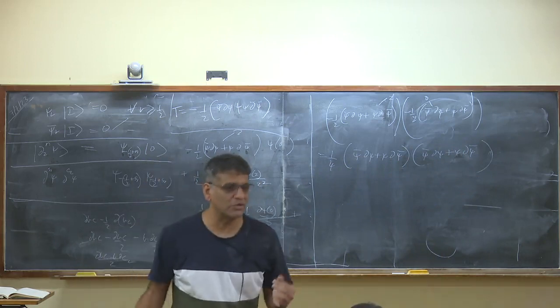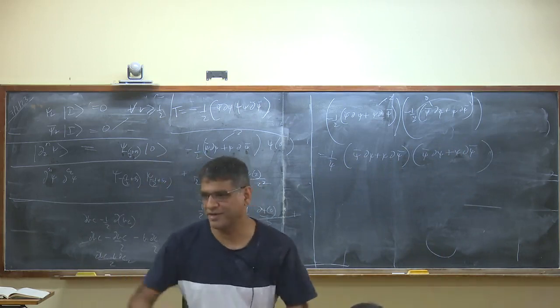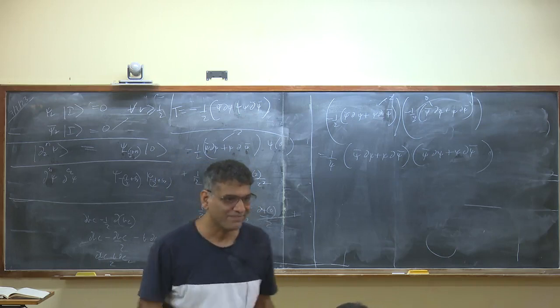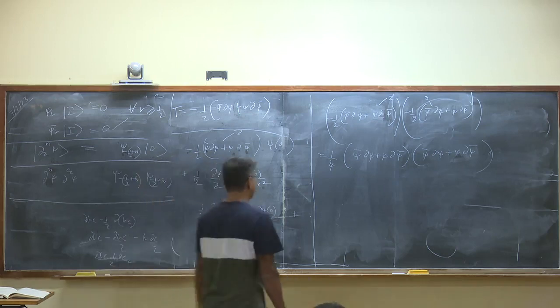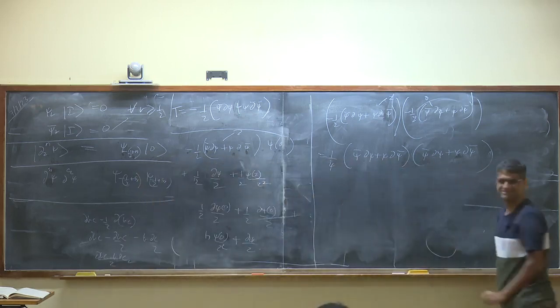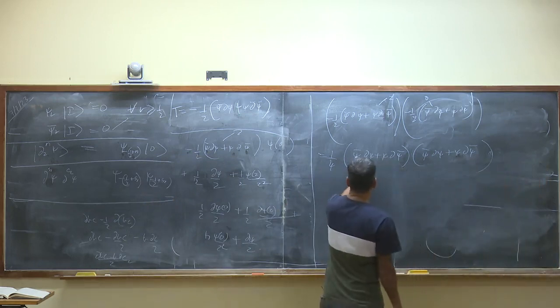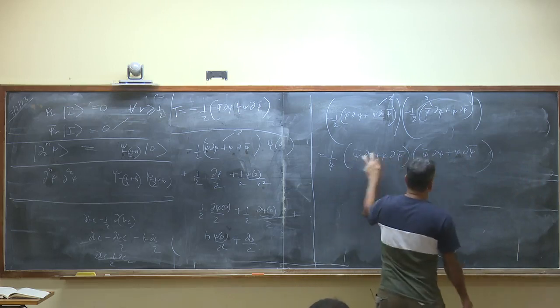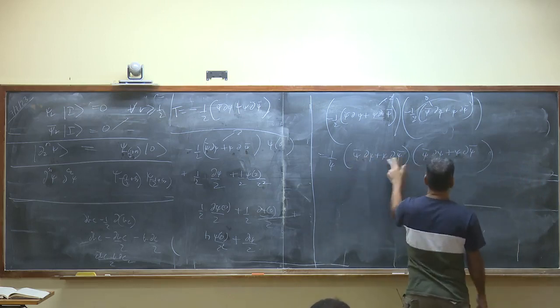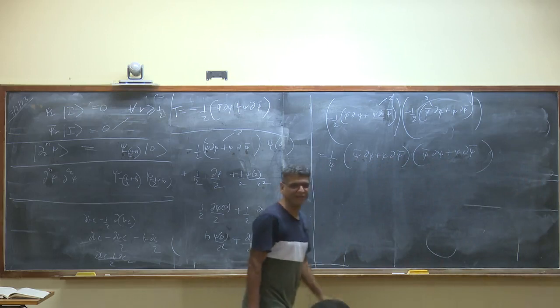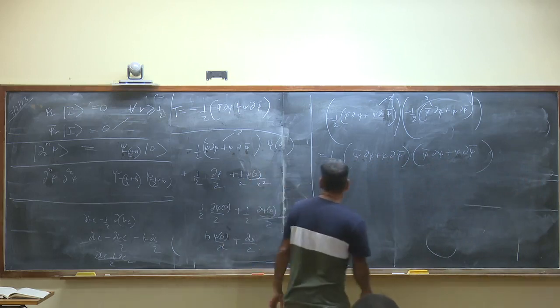Let me do the most singular term and I'll leave the rest for you guys to work out. The most singular term is when you contract everything. So we have 4 contractions. Let's do that all carefully, and you guys help me.